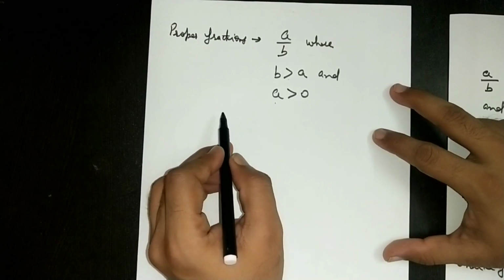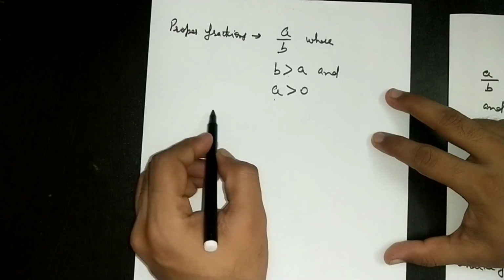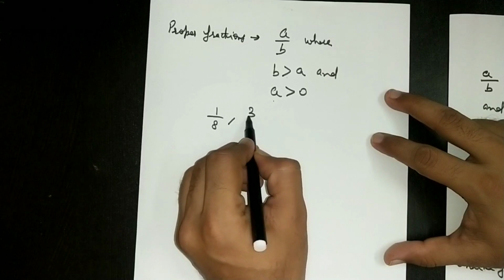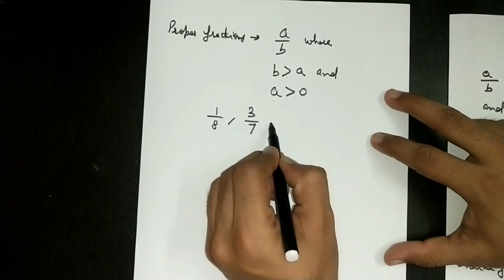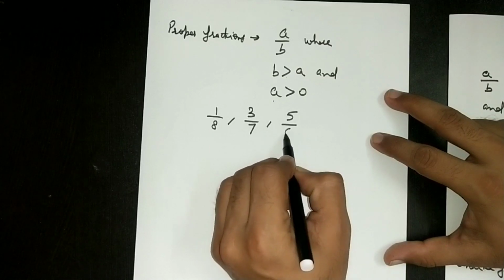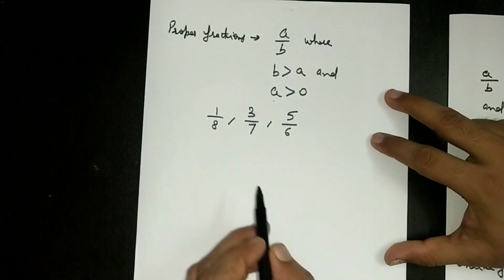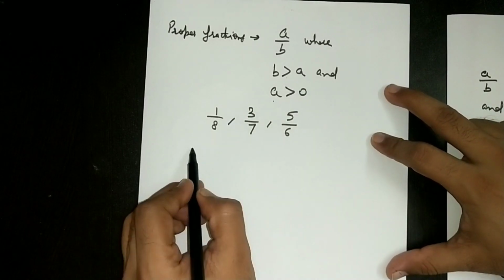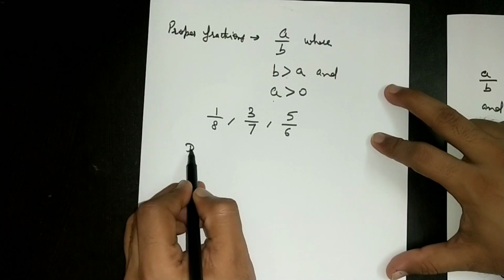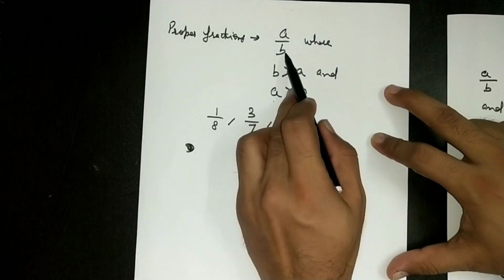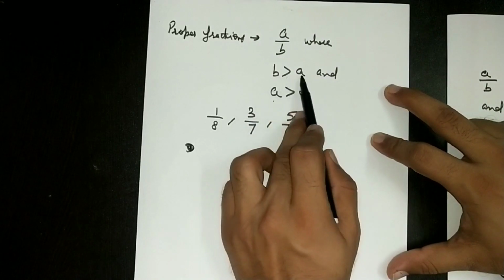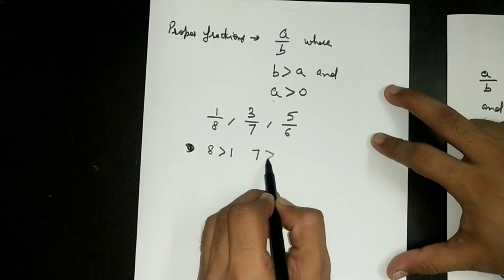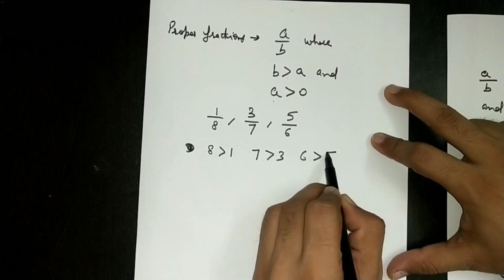Let's see an example: 1 by 8, 3 by 7 and 5 by 6. Here the denominator is greater than the numerator, so B should be greater than A. 8 is greater than 1, 7 is greater than 3, 6 is greater than 5.